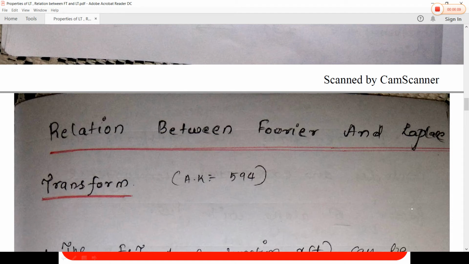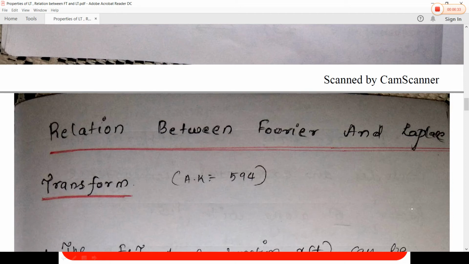If you take x of t alone, the function may not be absolutely integrable, thereby violating Dirichlet's condition. Hence, the Fourier transform does not exist for many signals due to this limitation.